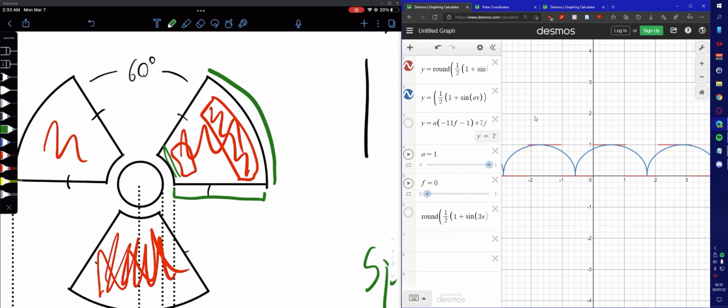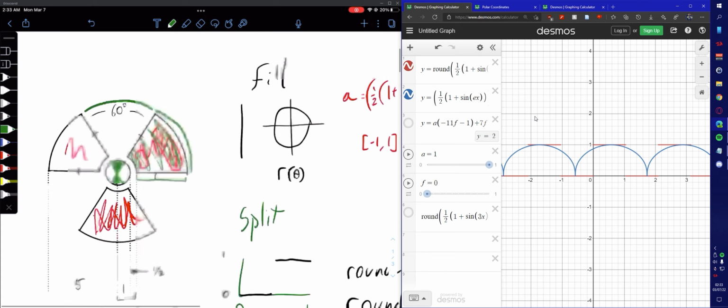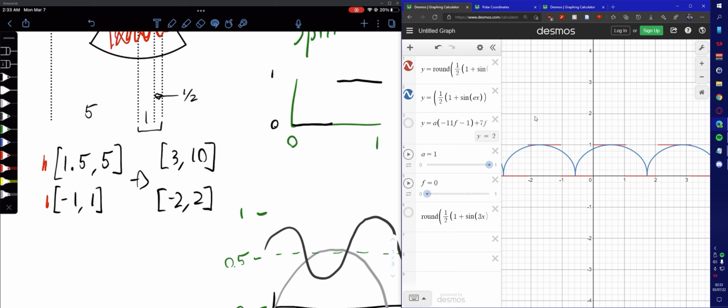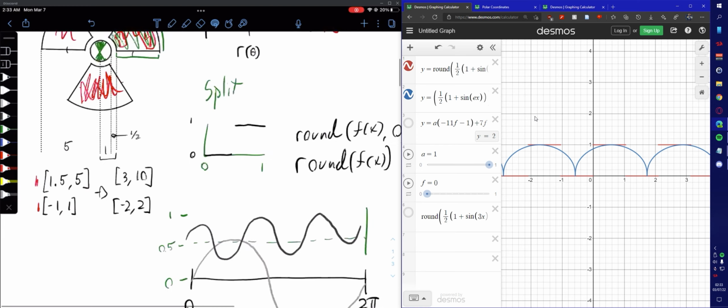So it'll fill in this entire thing. When it's here, the amplitude is actually here. So it fills in like that. That's why it's negative. So I've just scaled this up to avoid the 1.5.